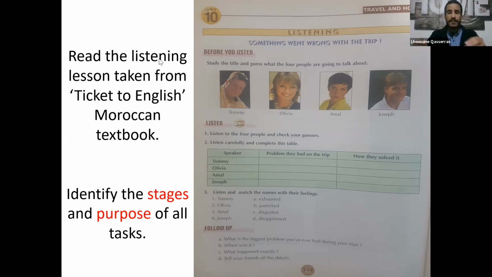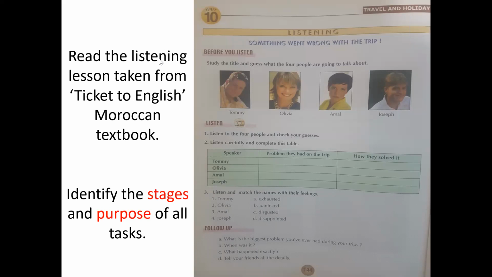Now, something went wrong with the trip. The trip, look at this picture. When you go to Paris, when you travel to London, when you go on vacation, when you go somewhere, it's a trip. It's a kind of traveling, voyage. Trip is a noun. Can you repeat? A trip.